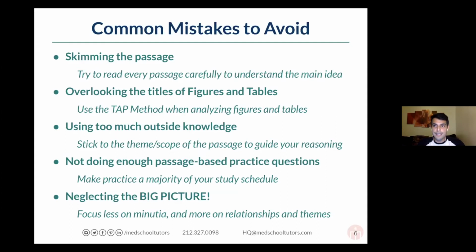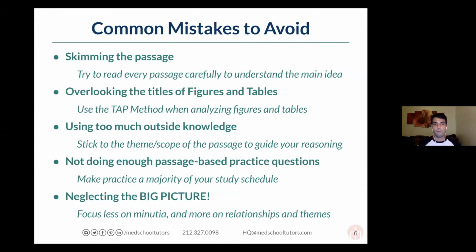Even when you see a question that seems very deep, seems very complex, sometimes students fall back on outside knowledge because they think that this question is testing some really arcane knowledge that not a lot of people have. The truth is that almost all the questions are tied very neatly with the passages, and you'll get a sense of this as you do more and more practice.